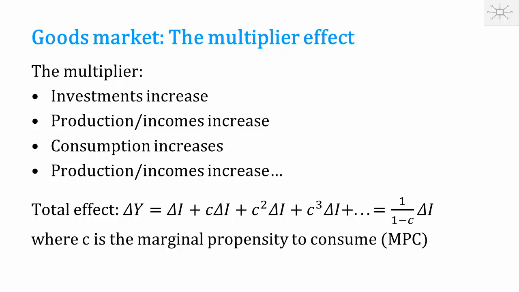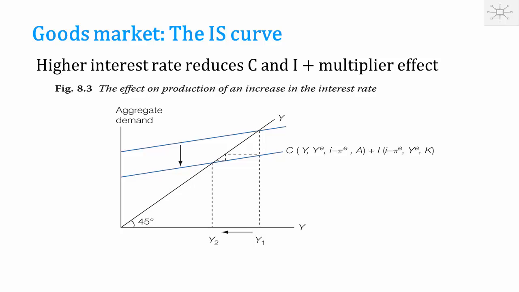And the total effect, if little c is the marginal propensity to consume, is delta I times a multiplier, which is 1 over 1 minus the marginal propensity to consume. So the point is, an initial shock to demand will lead to further increases in consumption and further increases in income. Okay, and that is discussed more in the book.